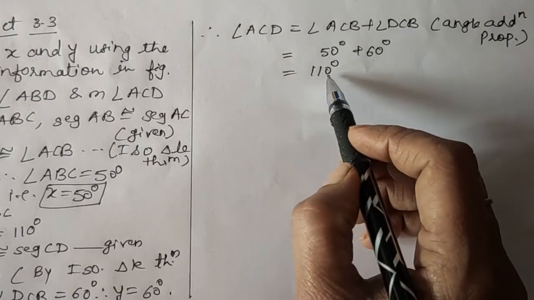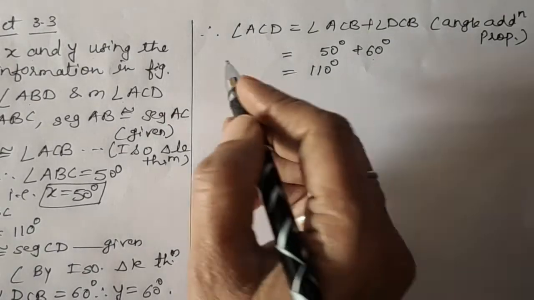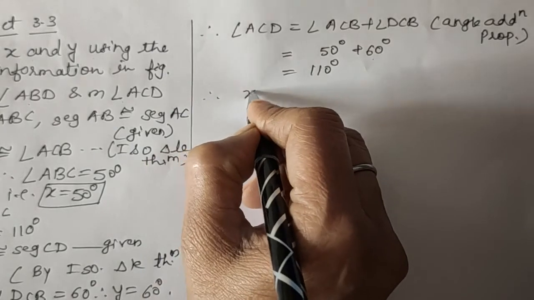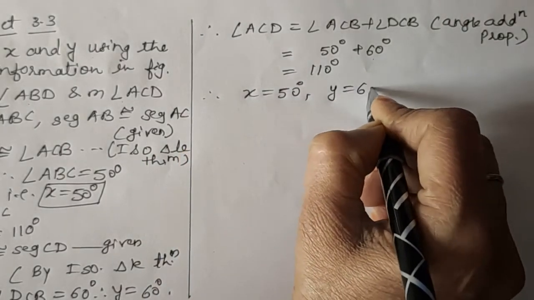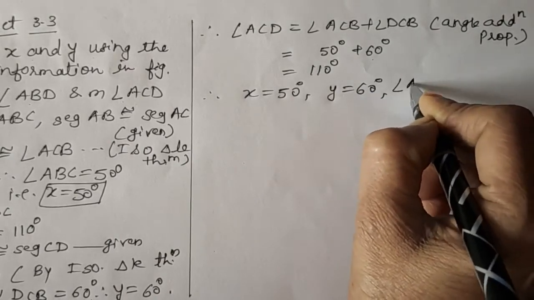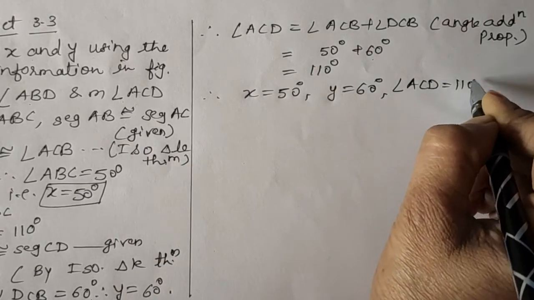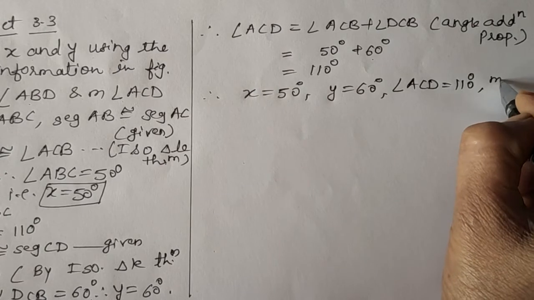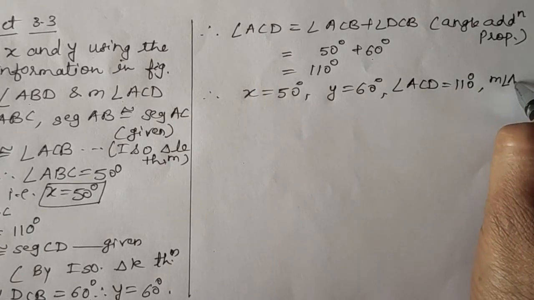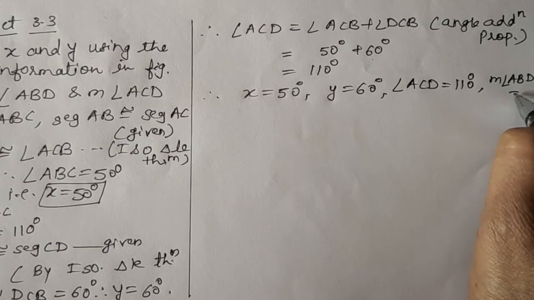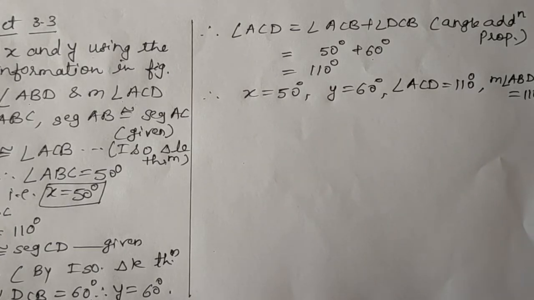So 50 plus 60 is equal to 110. So therefore you will write x is equal to 50 degrees, y is equal to 60 degrees, angle ACD is equal to 110, and measure of angle ABD is equal to 110.